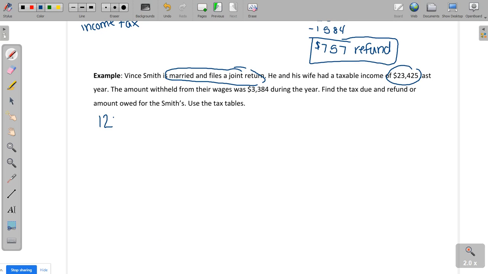So we're going to take our 12% tax rate, change it to a decimal, and multiply it by our taxable income. When we multiply this together, we get income tax of $2,811. Now we're going to compare the two: our income tax and our withholding tax.